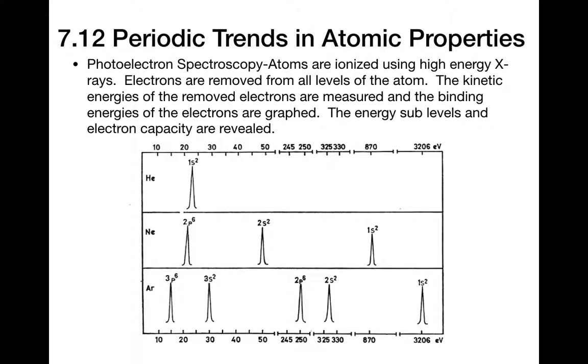So for an atom that has 5 electrons, we might remove the 1s, we might remove the 2s, we might be removing the 2p. What you do is you use X-ray photons that have constant energy, and then you look at how much kinetic energy is left over in the electrons that are removed.